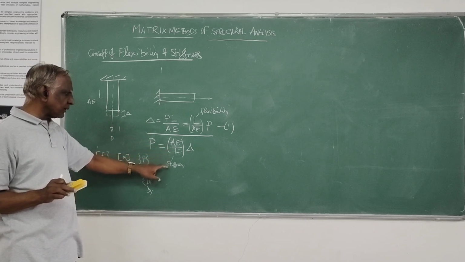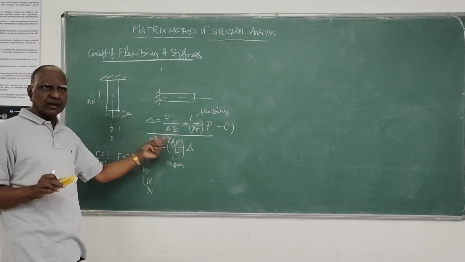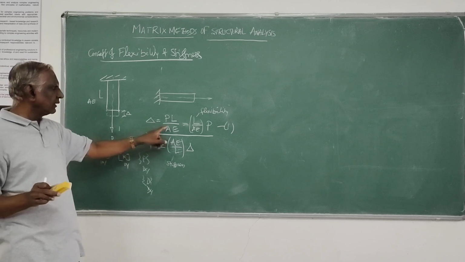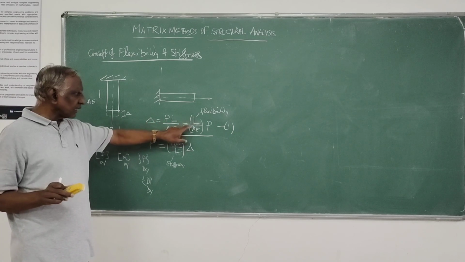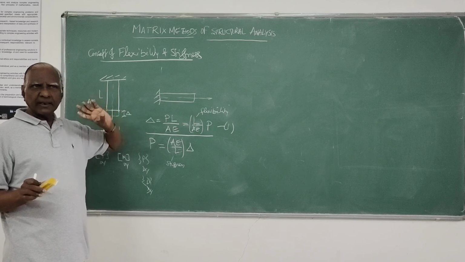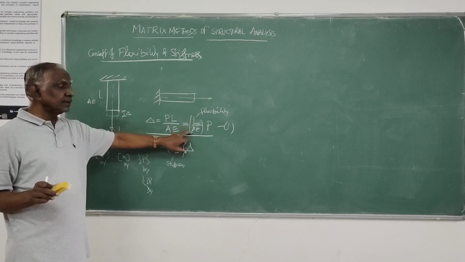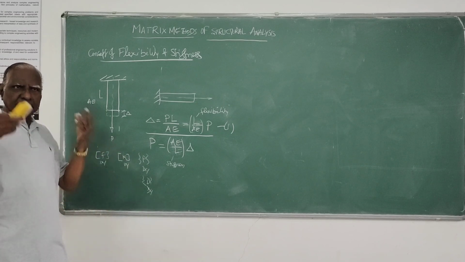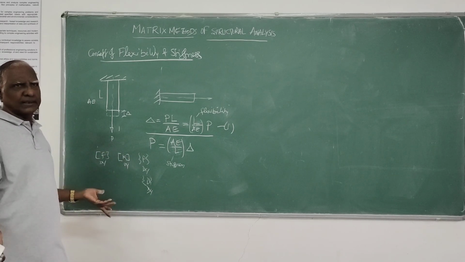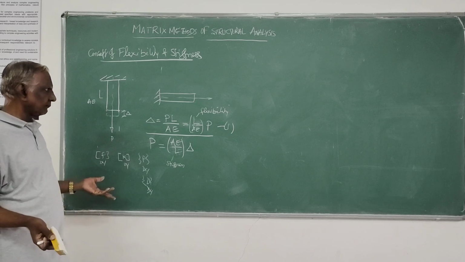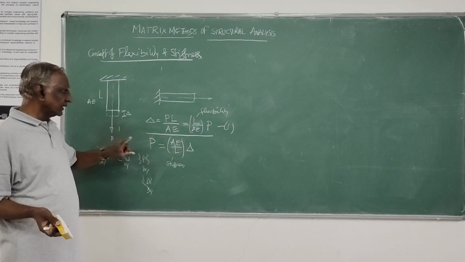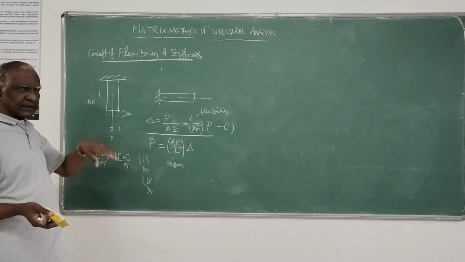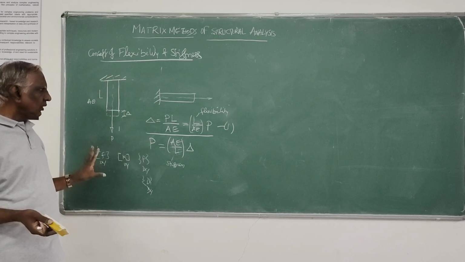So stiffness with respect to one node is AE by L for a bar element or one-dimensional axially loaded element. Or flexibility, in other words, we can define it as L by AE. L, A, E are properties associated with the material that we will know well before the analysis of the structure. So this is another thing with respect to a bar element or element subjected to only axial load.